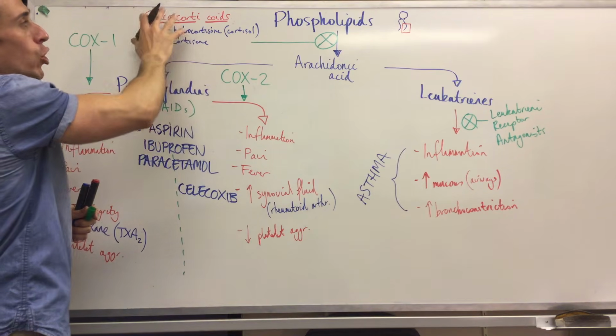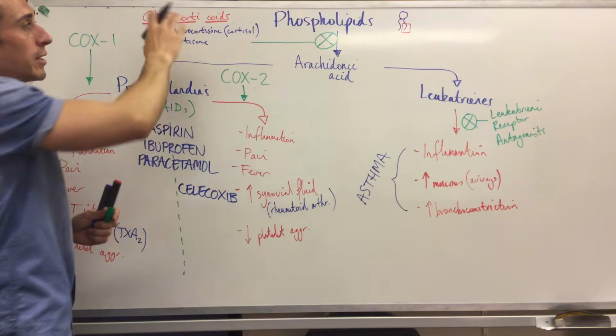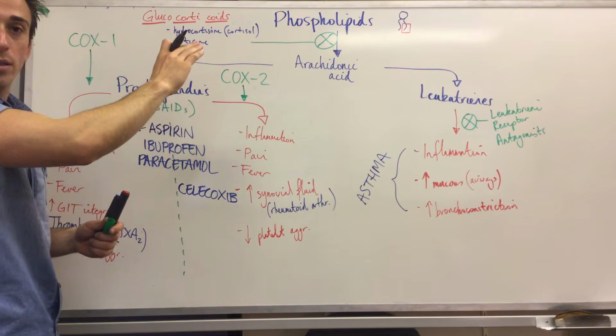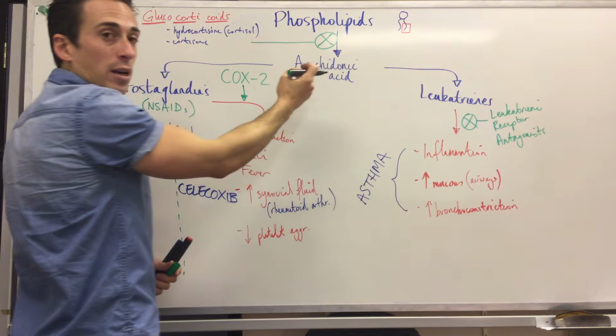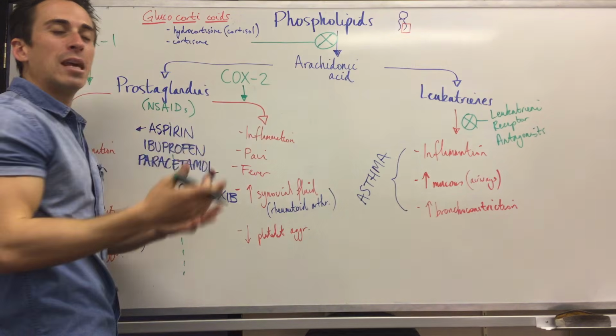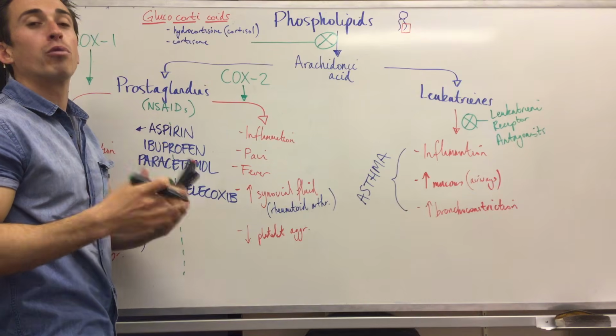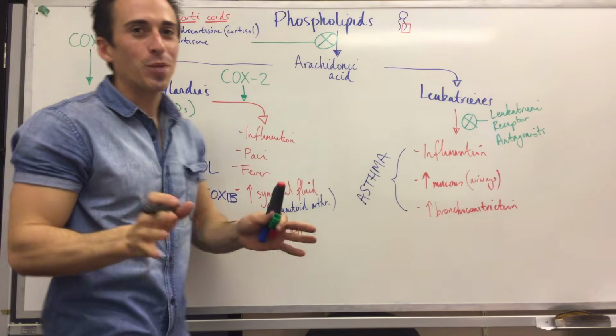And we spoke about the steroidal anti-inflammatory drugs, the glucocorticoids, and they play a role in inhibiting the production of arachidonic acid, but also inhibit the synthesis of pro-inflammatory genes. So I hope that all made sense.